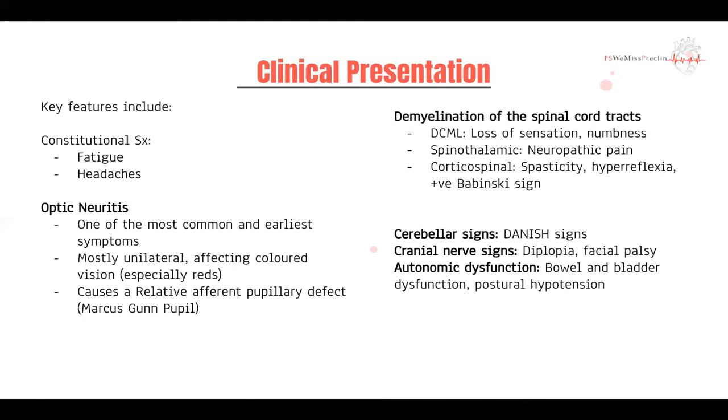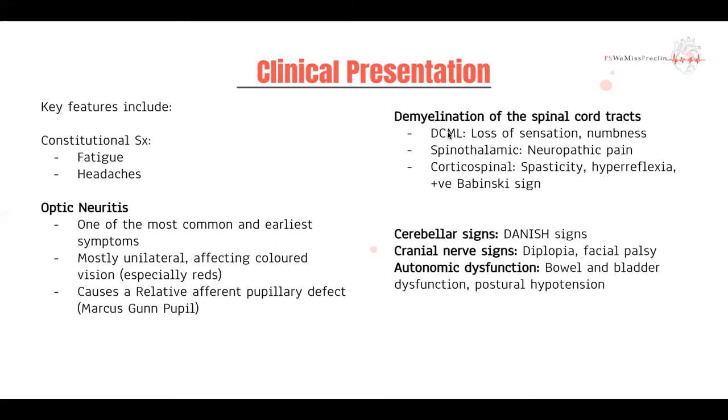Both pupils constrict, and then you switch it to the right eye. And as you're shining the light in the right eye, you notice that the pupil dilates a bit. That to you should be very weird because something has gone horribly wrong. Pupils should not dilate. So the reason it's called a relative afferent pupillary defect is because the pupil is dilating relative to what it was earlier. I hope I haven't confused you with that.